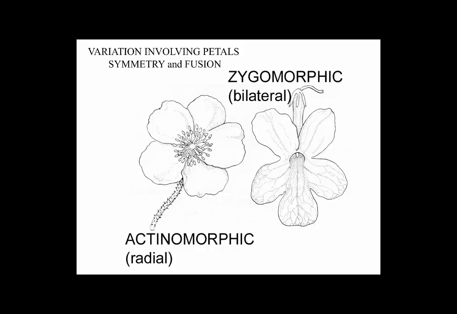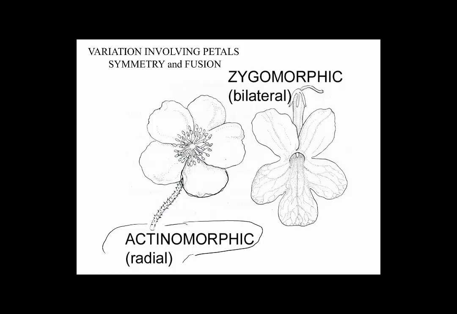Some of the variation in flowers is fairly straightforward, and it involves the petals and their symmetry. The basic type, the most common type, sort of the primitive type, there's a term for it, but it slips my mind, is radial symmetry.